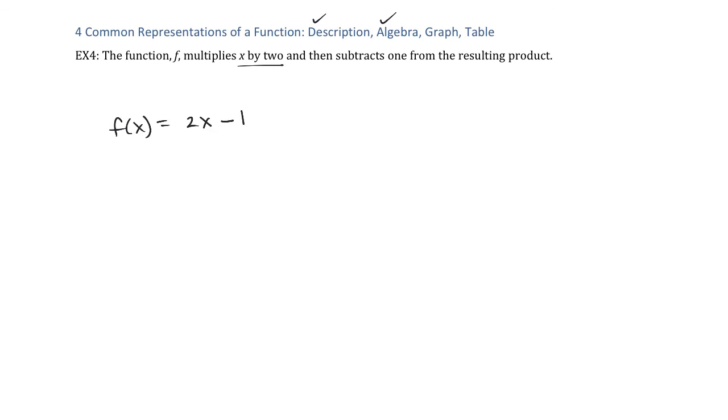I just wrote it in algebra, and now I can graph that. We're used to an XY table, but in function notation, the y is replaced with f of x. Okay, so I think I graphed that earlier, but we've got a y-intercept of -1 and a slope of 2.